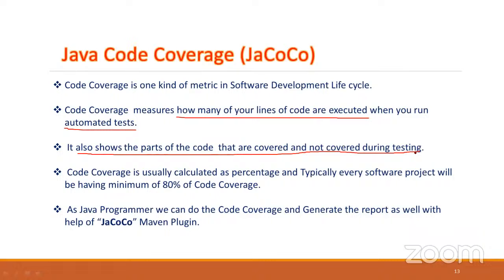If you remember, yesterday I was talking about the importance of unit testing with JUnit. That unit testing will also be integrated into the CI/CD pipeline. CI/CD pipeline means whenever your project is getting deployed to the server, before deploying the application it will run the unit test cases.